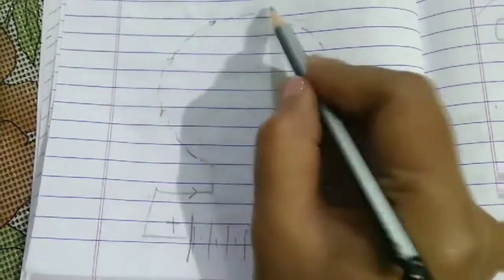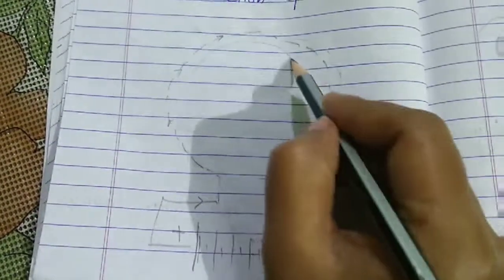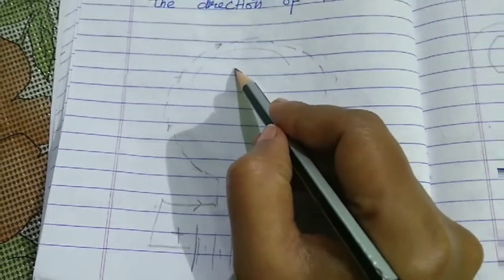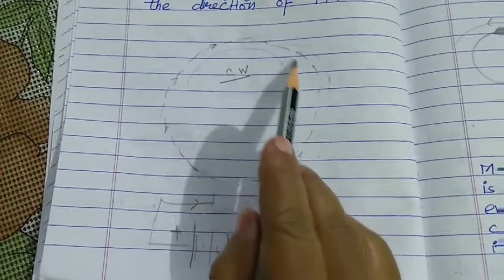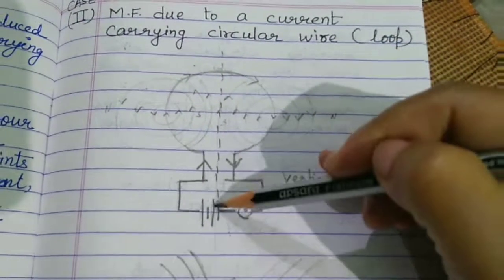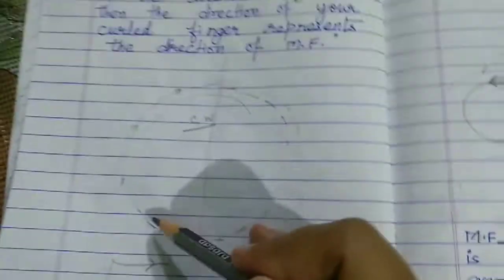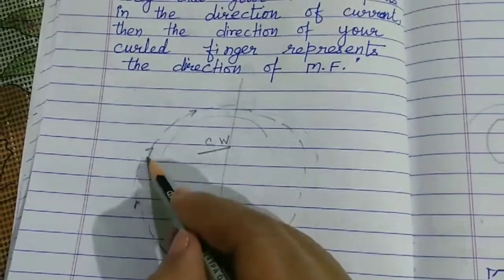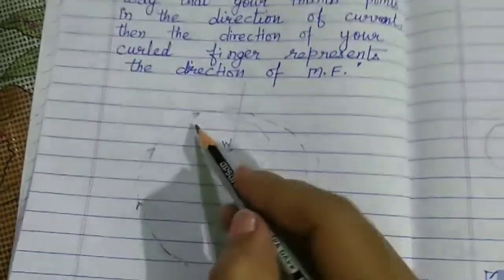Here, and this is the clockwise direction. Current is flowing in clockwise direction. Now what you can do, just divide it into a half like this. Now here you can see that the current is flowing in upward direction.